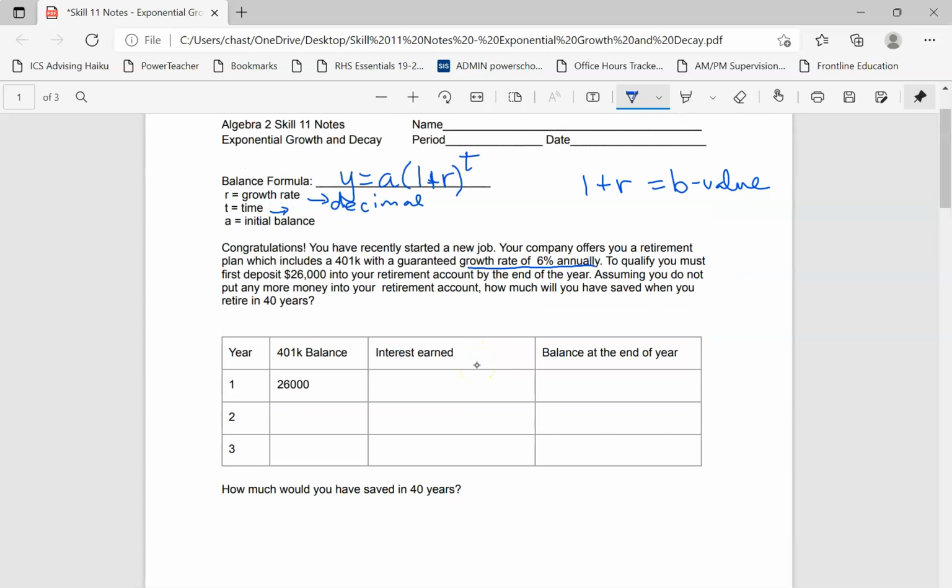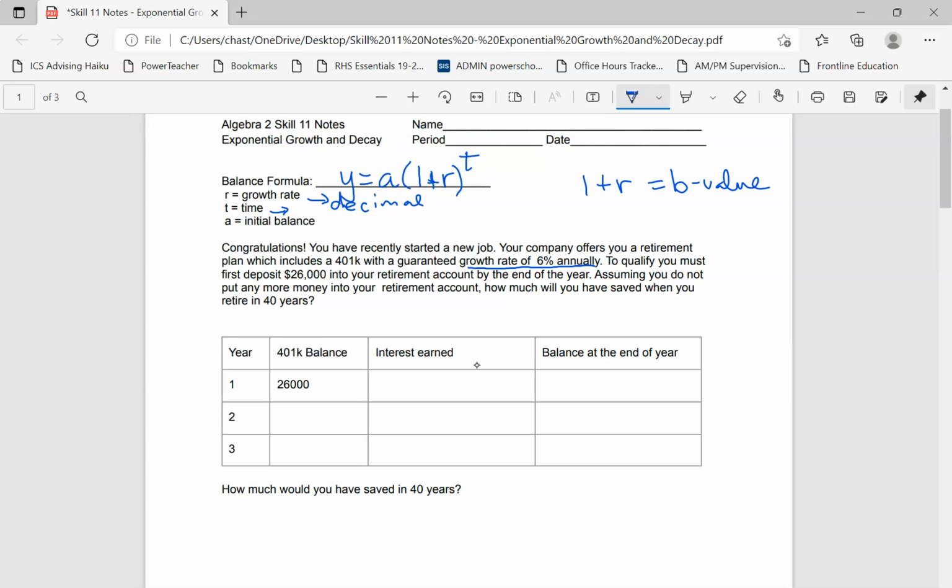We're starting with $26,000. To find the interest that is going to be earned, you would take that $26,000 and multiply it by 0.06. You'd ultimately add that on to the balance.